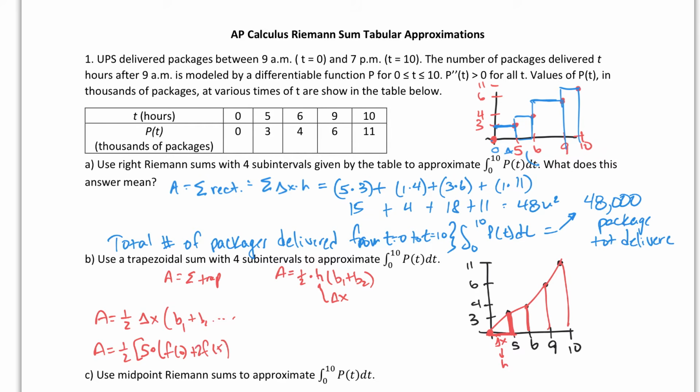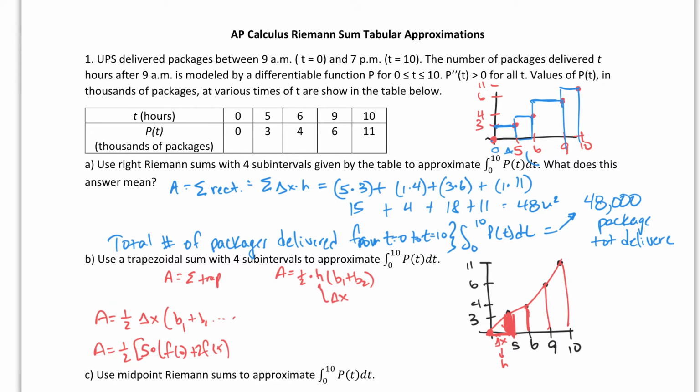But we're going to use that twice, because it gets used here for this first trapezoid and the second one. Let me repeat why we're doing this twice. This first base and the last base only get used once. This base right here gets used in this trapezoid on the left and this trapezoid on the right, so it gets used twice. So we put 2 in the middle of our equation there.